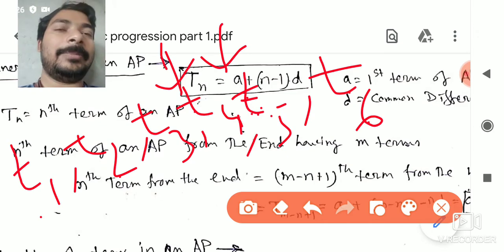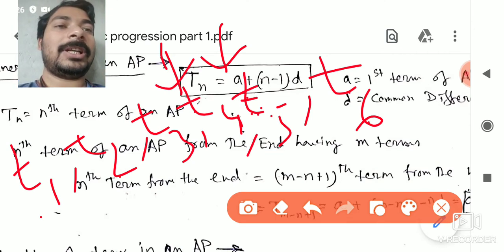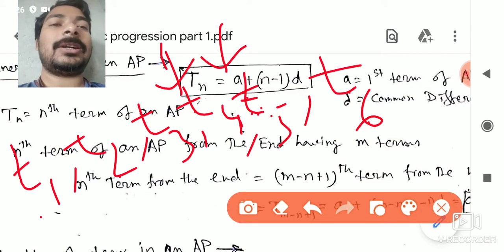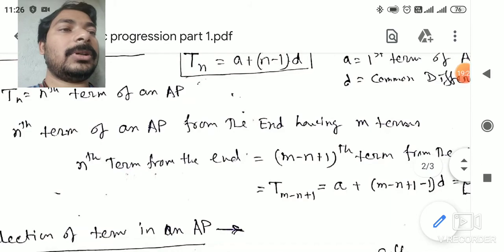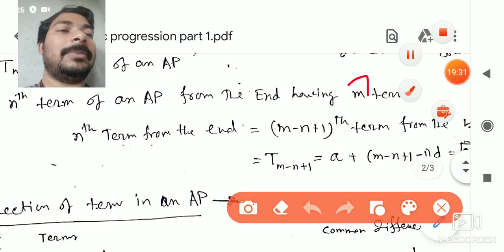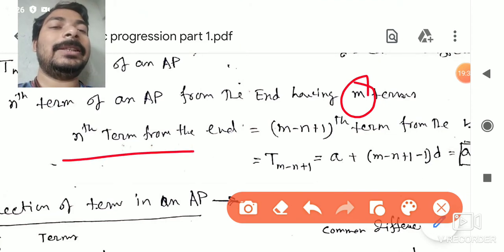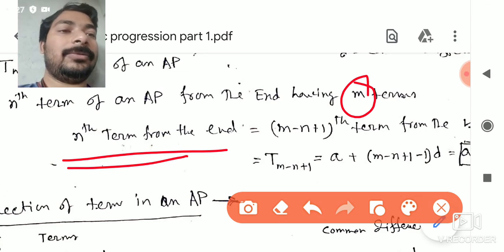So I have the formula for the nth term from the beginning, that is a plus n minus 1 into d. We have already learned it. But when I have to calculate the third or fourth term from the end, I must know which term it is from the beginning. If there are m terms, then the nth term from the end will be which term from the beginning? You have to calculate this.